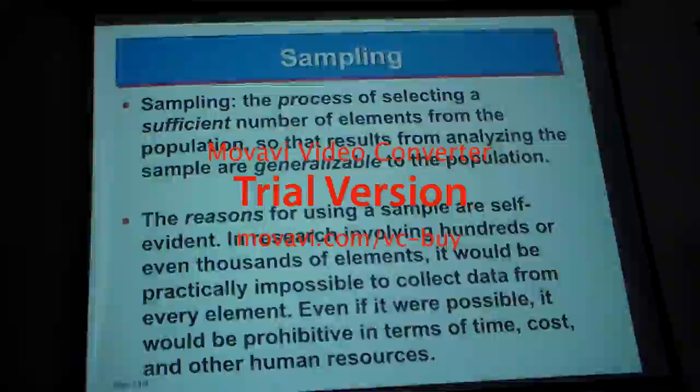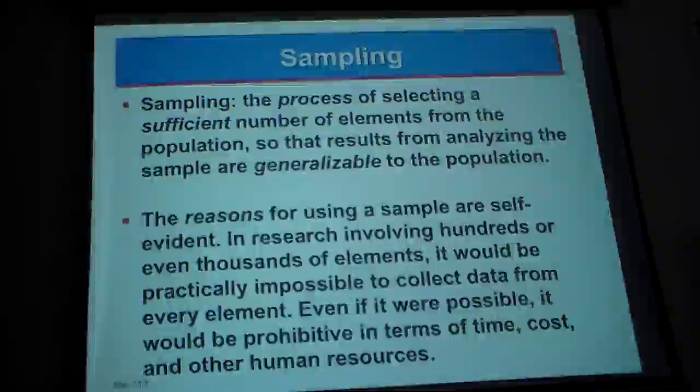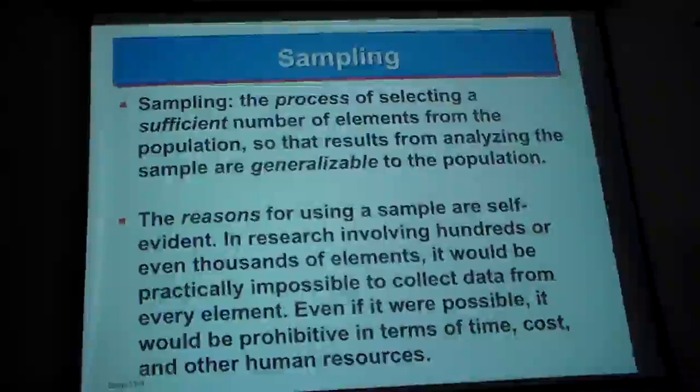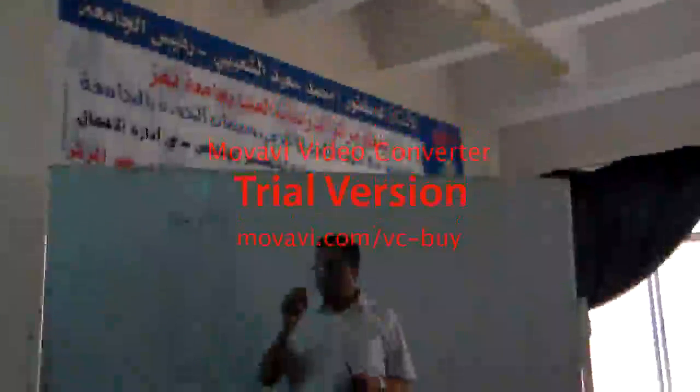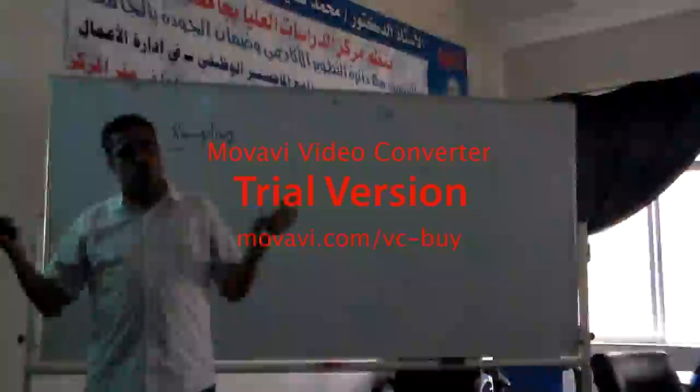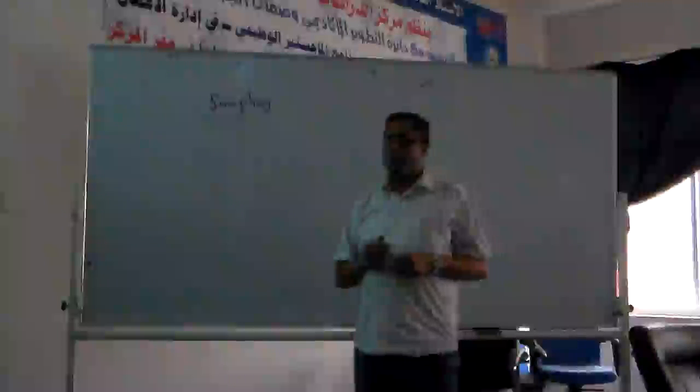Also, through reading the literature, we can gauge how many elements people select, and they give justifications. So you need to justify why this specific number. But here we are just talking in general. After that, you will see a table that gives some criteria on the number of elements in each sample.